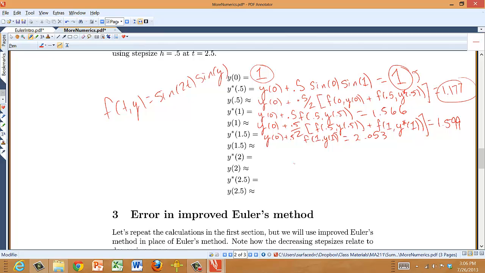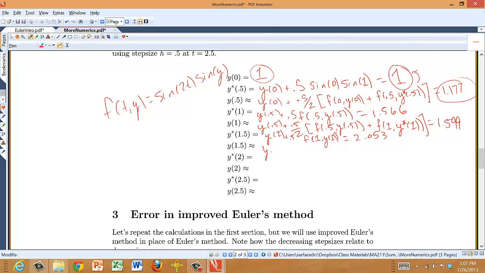And now you go ahead and calculate y at time 1.5. So that would be, oh, these are all wrong. This should be y at time 0.5 here. Right, and now this is y at time 0.5. And this is y at 1.